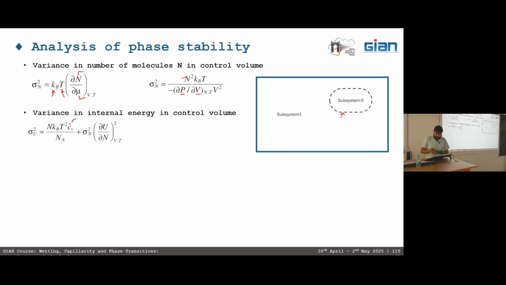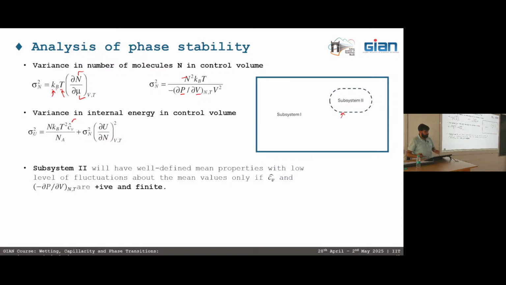Now let's see what insights we can bring from these two relations. Since we have defined variance, and variance must always be a positive quantity, let me first focus on this term here. Here N, k_B and T are all positive. Volume V is also positive. So the sign of this term will depend on whether ∂P/∂V is greater than 0 or less than 0.